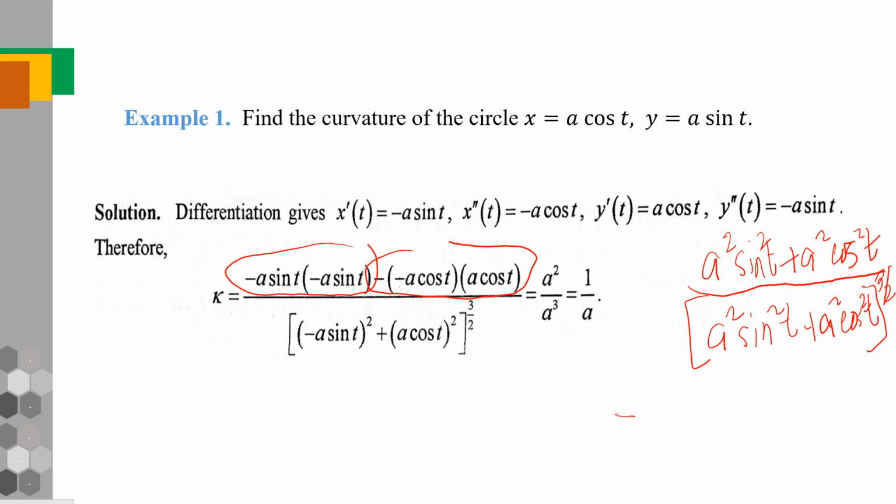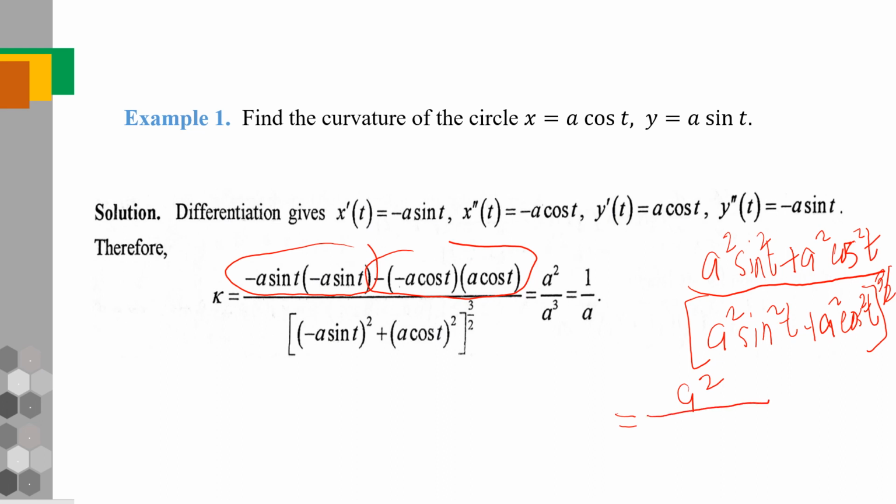So, pag isi-simplify natin yung taas, ifa-factor out lang natin yung a square. So, pag na-factor out natin yung a square, ang matitira na lang is yung sine square t plus cosine square of t. And according to the Pythagorean identity, that is just equal to 1. So, meron tayong a square times 1. So, that will be a square all over, same, no?